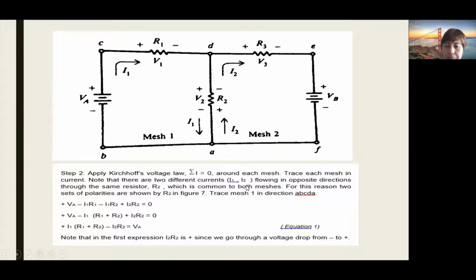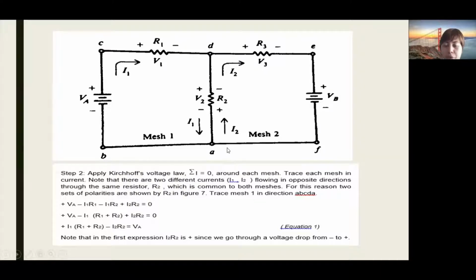Again, trace each mesh in the direction of its current. Note that there are two different currents flowing in opposite directions, so you just have to see the arrow. Through what resistor? Through R2, which is common to both meshes.